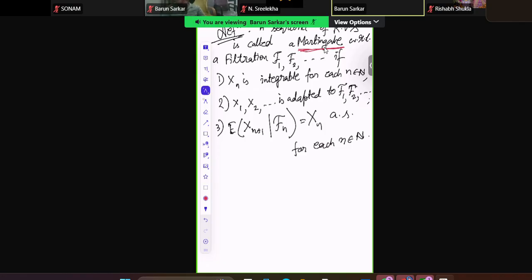As we discussed earlier, the conditional expectation is a random variable, correct? And an equality of random variables is not pointwise, it is always almost sure, right? Correct.